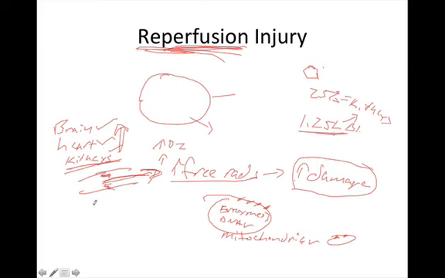And this is why, if there is reperfusion injury, one of the things they'll do to try to treat this is pump the person full of antioxidants. There are other treatments out there as well, but this is the one I'm going to leave you with. Antioxidants are compounds used to combat free radicals.